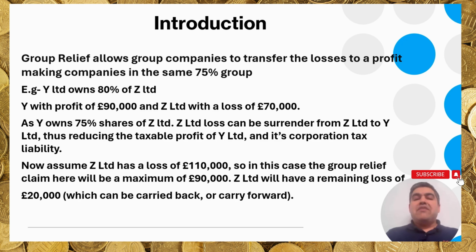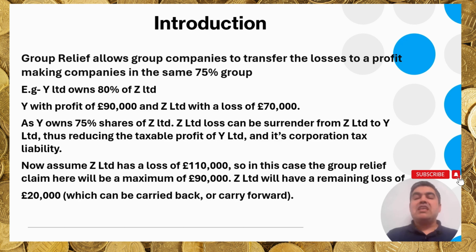Remember, if you see Y Limited owns 80% of Z Limited, so Y owns at least 75% of the shares of Z Limited, then Z Limited's losses can be surrendered or transferred from Z Limited to Y Limited, thus reducing the taxable profit of Y Limited and its corporation tax liability.